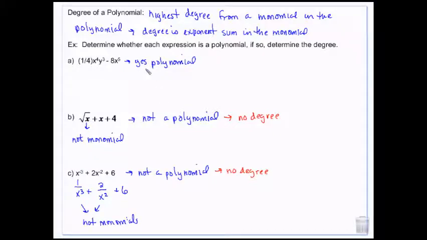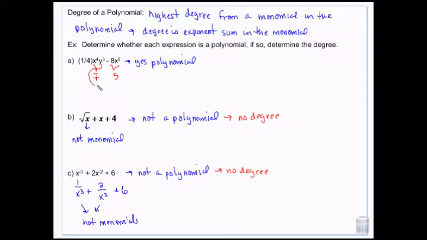All right, so now we've determined this one is a polynomial, these two are not. So we can only find the degree of the first one. What we do is we add up the exponents on the variables. So I have 4 plus 3, so this degree is 7. And here I have 5, so this degree is 5.